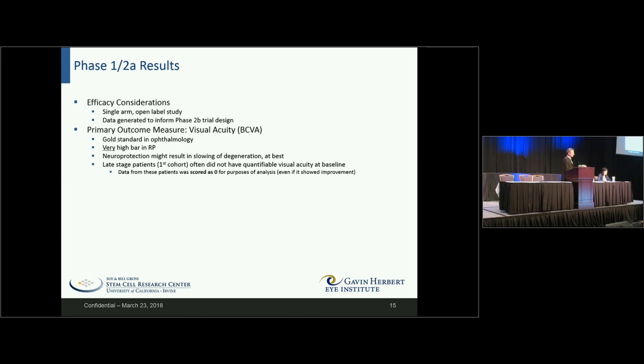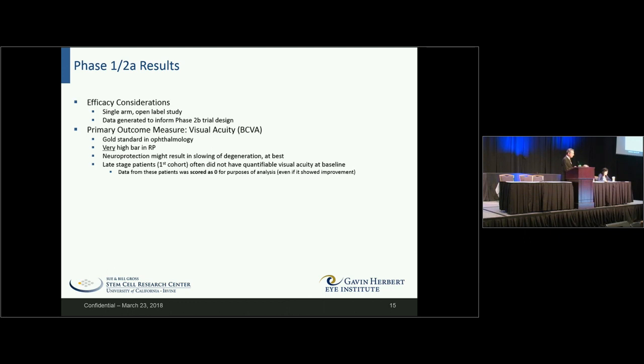Okay, efficacy. Well, first I want to caution everybody this is a single-arm, open-label study. It was unmasked. That's what open-label means, and the data were specifically generated to inform the design of the next trial, the 2B trial, which does in fact look specifically at efficacy in a masked format. So we picked for our primary outcome measure best corrected visual acuity.